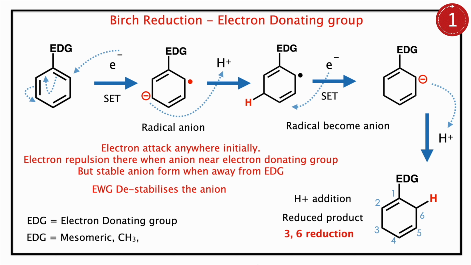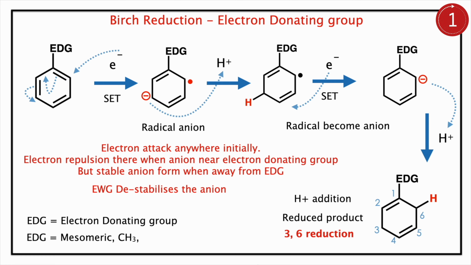Then the anion gets quenched by H plus. You have reduction there. Then you have a radical. Again it is converted into anion by electron addition. Then the anion is quenched by H plus. You have hydrogen. So if you look closely, here also 1,4 reduction happened, but far away from the electron donating group. That's why it is regioselective, controlled by the electron donating group tendency.